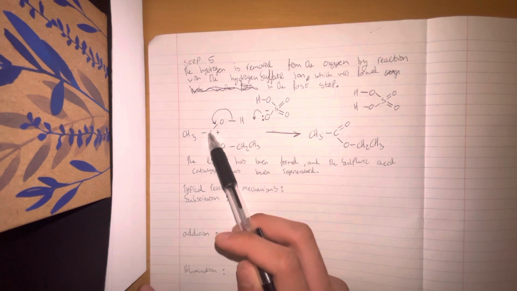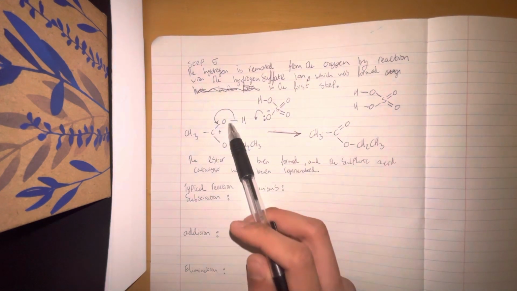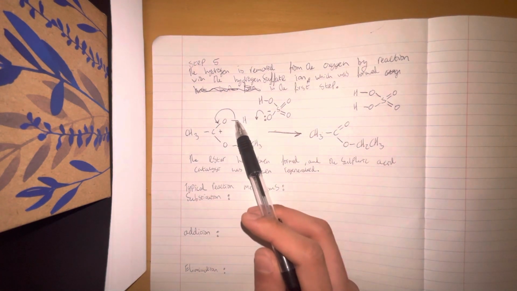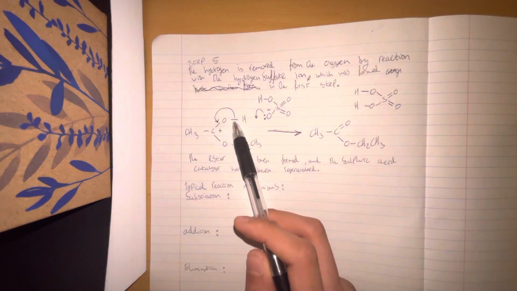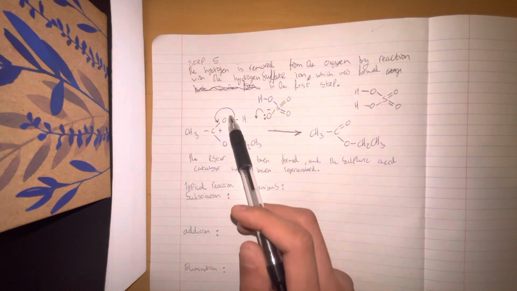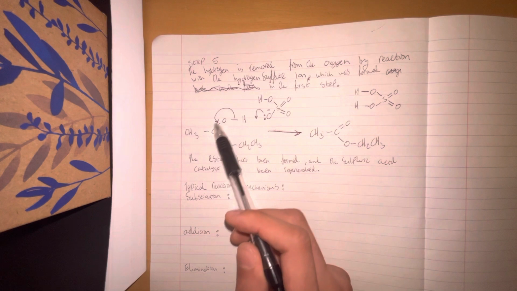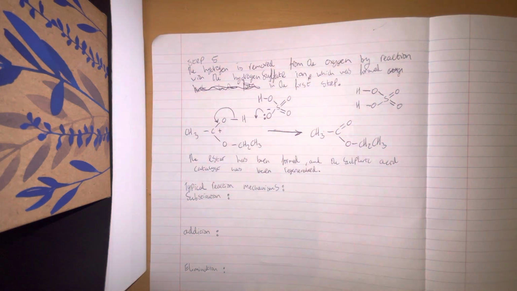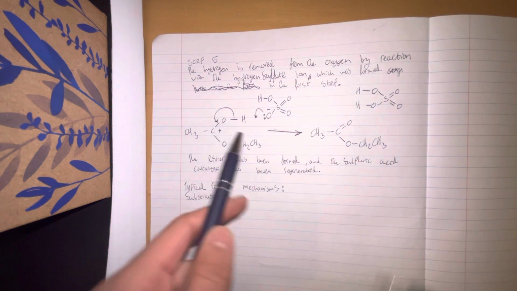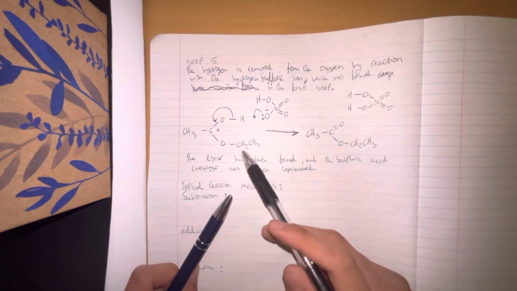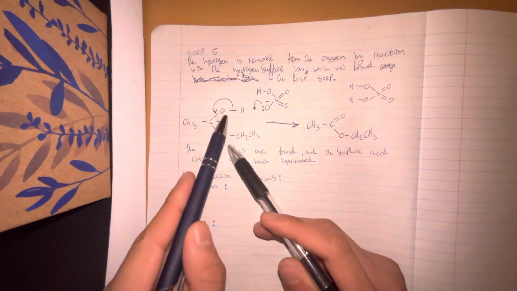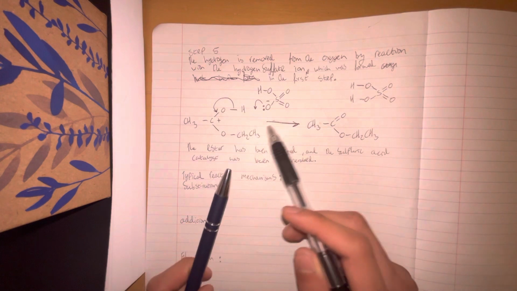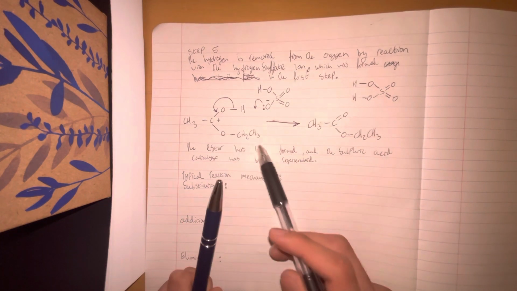So, CH3, C plus to the O, and a hydrogen here. This hydrogen will leave, leaving this more negative, making it more bonded. So it would be a double bond here. So this O, oxygen atom, and CH2, CH3. This is left.